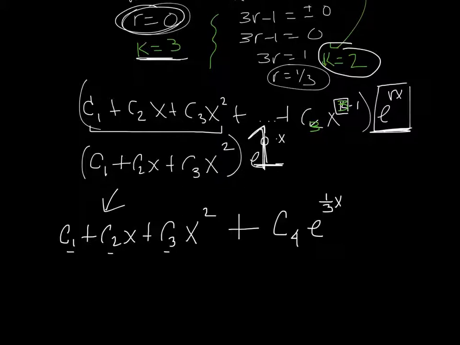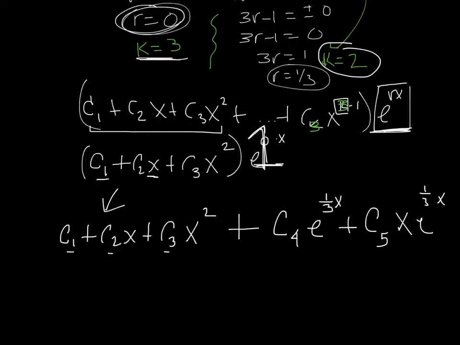So e to the 1/3 of x, plus C5, and again we need an x here because you have an x in the next term. This is like my C4 and C5 that we're using, and then we have e to the 1/3 x, or they write x over 3.